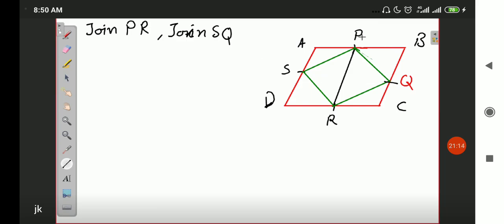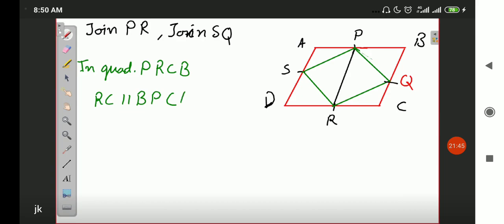Now, in quadrilateral PRCB, or you can take quadrilateral APRD, in quadrilateral PRCB, RC is parallel to PB. Why?